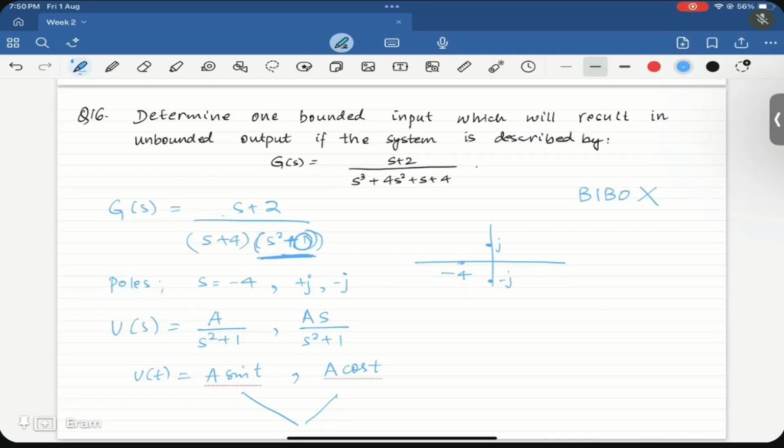Any sinusoidal input whose frequency is 1 will make the response unbounded. So the answer could be any factor times sin t and any factor times cos t. One choice could be sin t, or cos t, or it can be 2 sin t, anything, but it should be sin t or cos t, right?